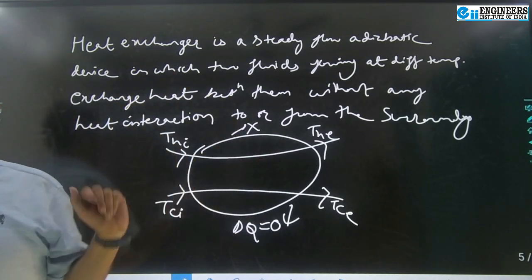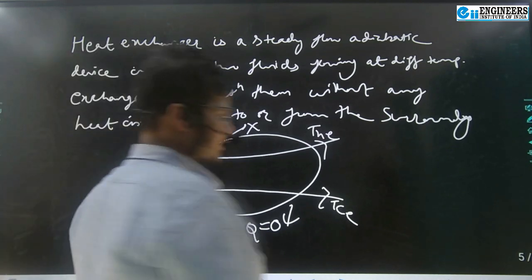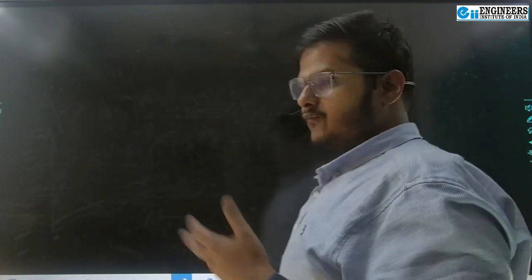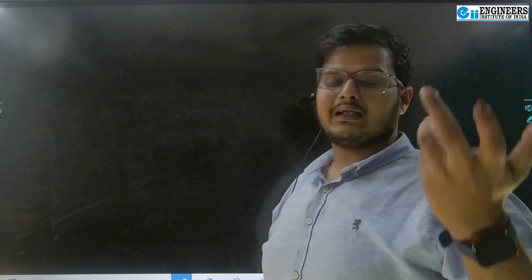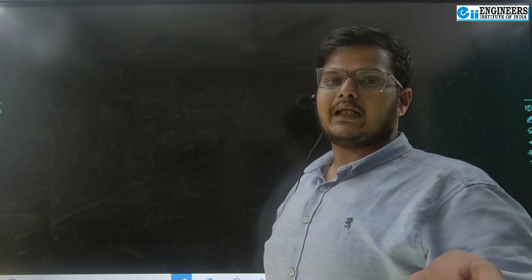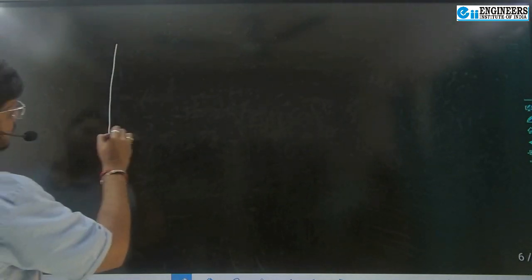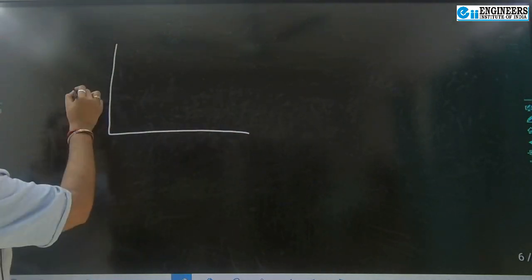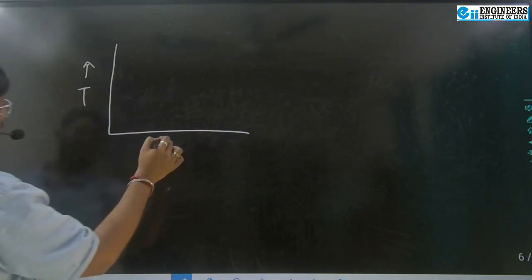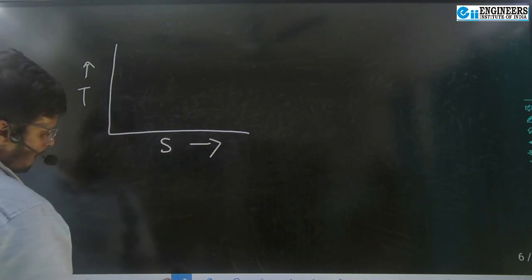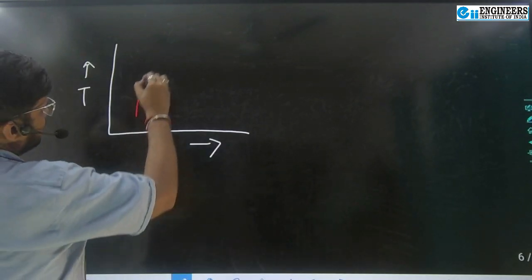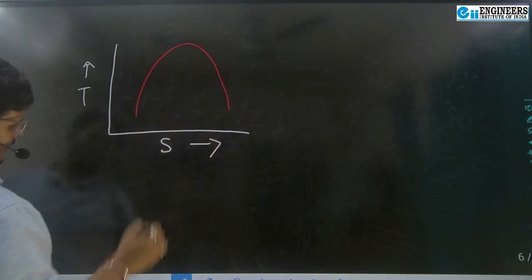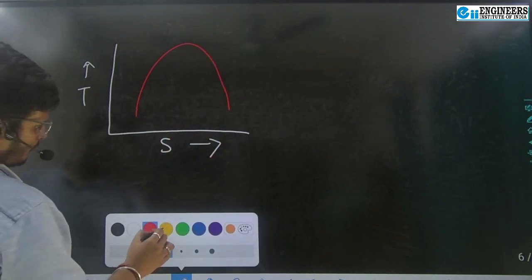If we move on to the practical application of heat exchangers, you must be acquainted with the fundamental TS diagram of, say, a Rankine cycle. Temperature, entropy, because this is the dome.